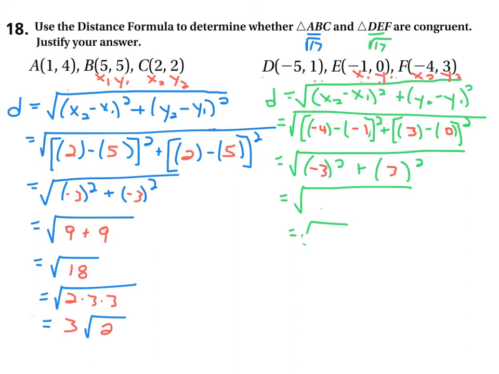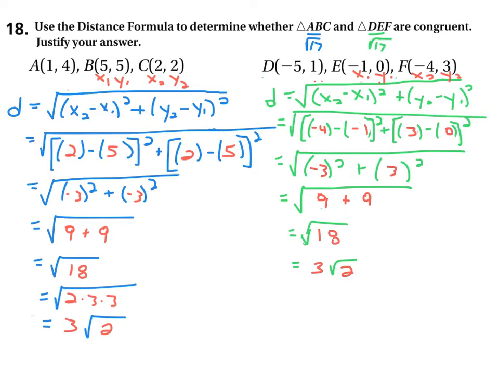And over here, 3 minus 0 is 3. So we've got -3 squared is 9, plus 3 squared is 9, or square root of 18, which we know to be, because we just did it over here, 3 square root of 2. So that one works as well. We've got two sides that match.